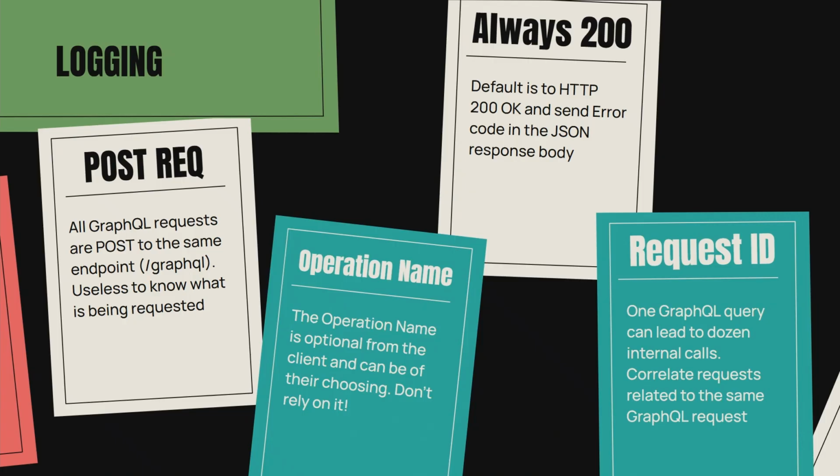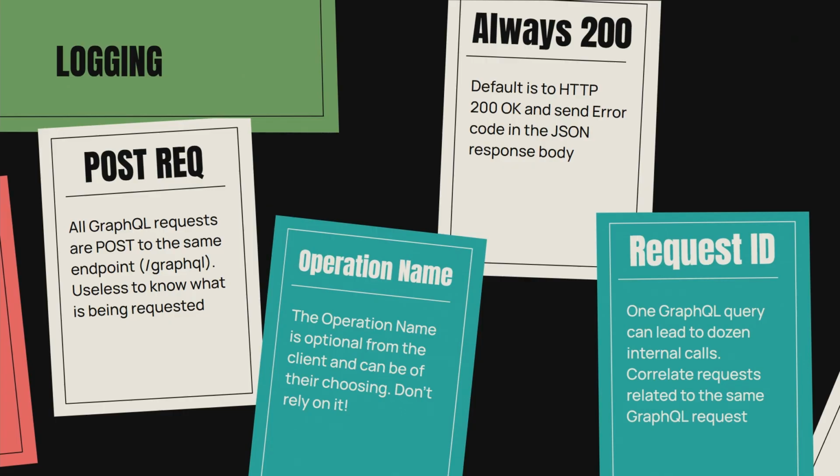Now, if you're like me and you're coming from using a lot of your web server request logs to understand how your users were interacting with your different REST API endpoints, those logs are going to be probably a lot less useful when you come into GraphQL. A big reason for this is that all your GraphQL requests, introspections, queries, mutations, are all POST requests to the same endpoint.